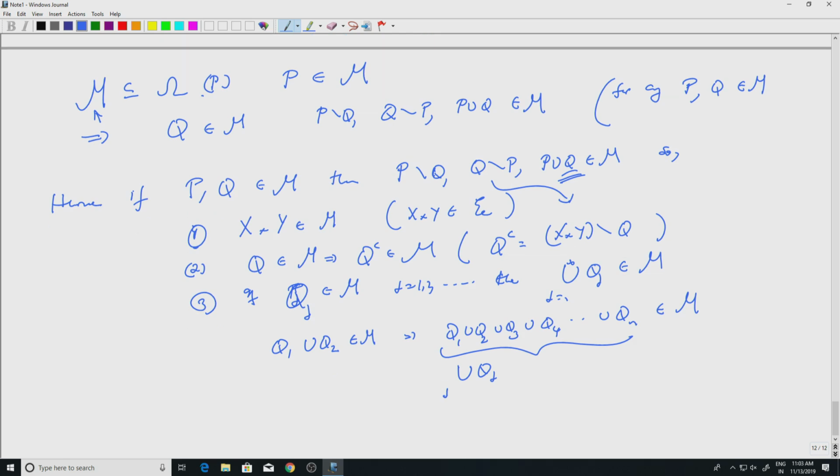But M is a monotone class, so if I look at this, qj, j equal to 1 to n, this is in M, but this is an increasing union, so this increases to union qj, j equal to 1 to infinity, and that will be in M because M is a monotone class. But what did we prove? These three properties tell me that M is a sigma algebra.